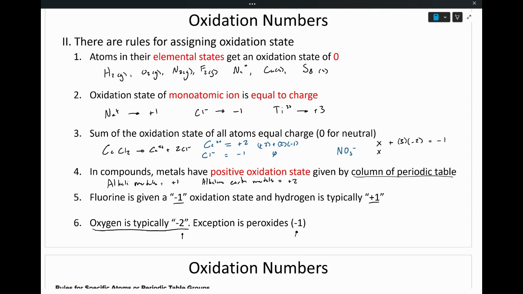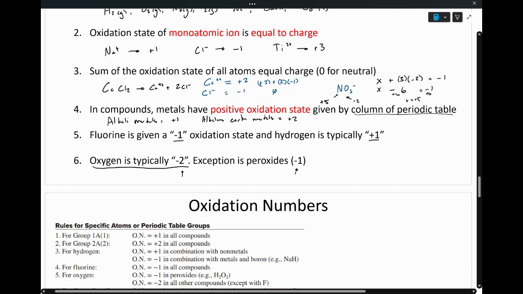So I get X minus 3 times -2 is 6. So I have X minus 6 equals -1. And so what I'll see if I add 6 to both sides is that X is equal to +5. So I'd say that this has an oxidation state of +5, this one has an oxidation state of -2, and it all adds up to the charge. And so we're going to just go and do one more example of this.